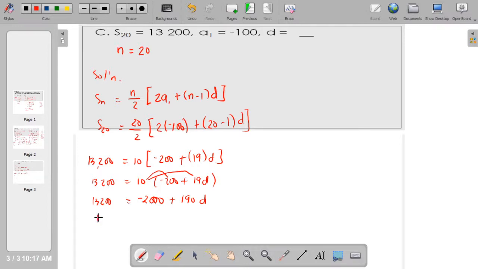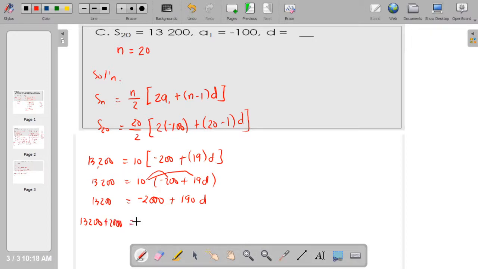So we copy 13,200 again. From here, we want to find the value of d. So negative 2,000, we don't need it on this side, so we transfer it. Negative 2,000 becomes positive 2,000.